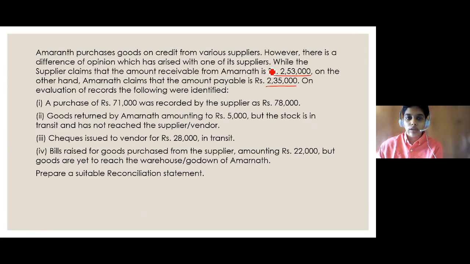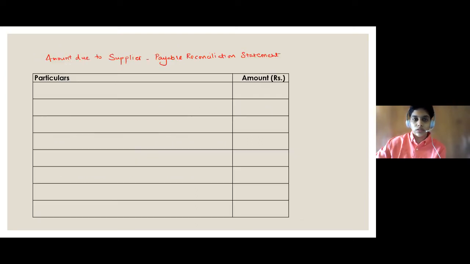Now let us take the starting point as the amount which has been claimed by the supplier, that is rupees 2,53,000. We'll take this as a starting point and try to come to the other balance as the end point. Since we are starting with this, we'll write amount due to supplier.